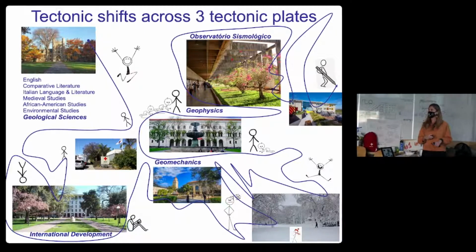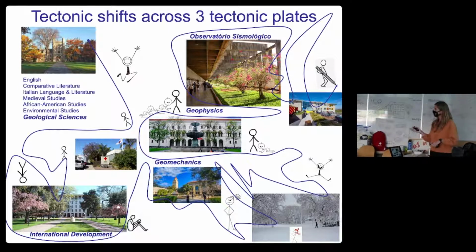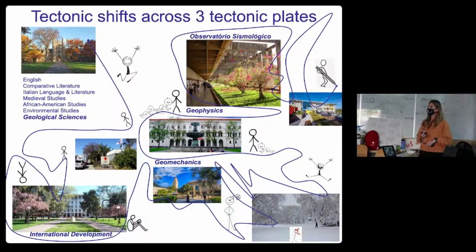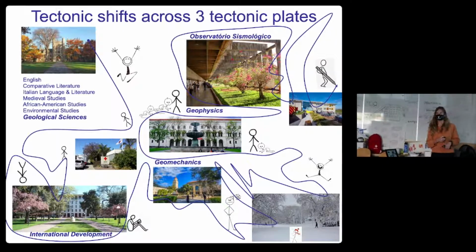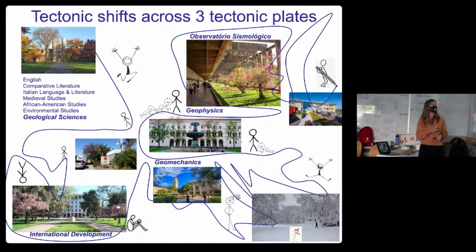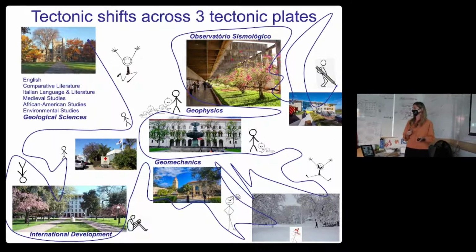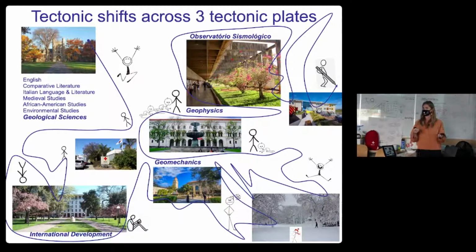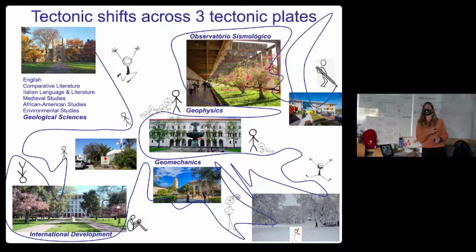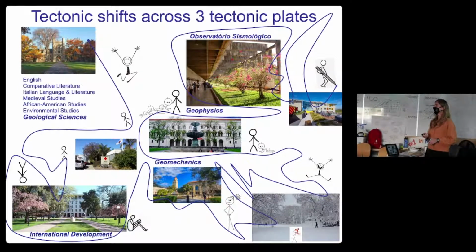So hence this curvy, crazy path. As an example, I've listed here my different college majors during my undergraduate years. And there's some variety there. And I remember thinking seriously about all of these and diving into them, and then changing my mind. All right, I ended up with a major in geological sciences, which I love.